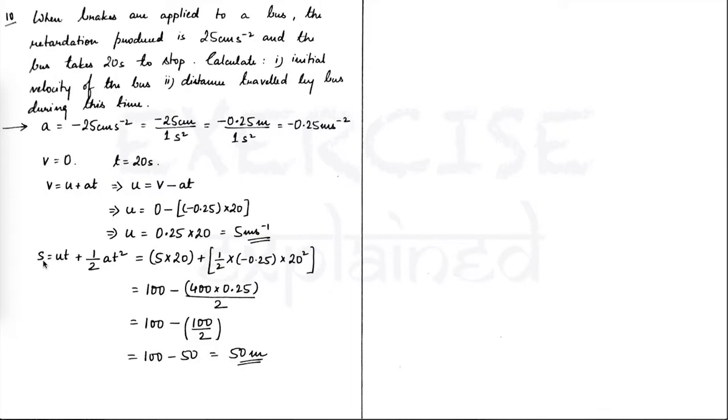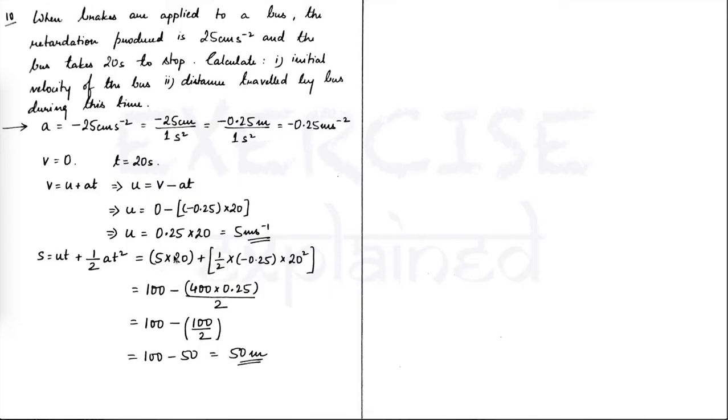So for finding the displacement, I will be using s is equal to ut plus half at square. So u happens to be 5, which we have got here, into t is 20 seconds, it's given in the question. So plus half into a is minus 0.25 into t square is 20 square.